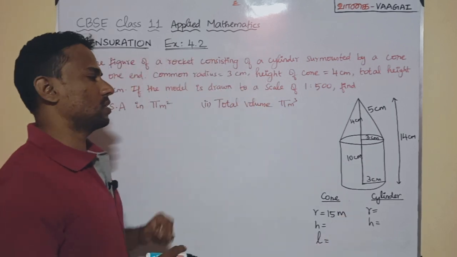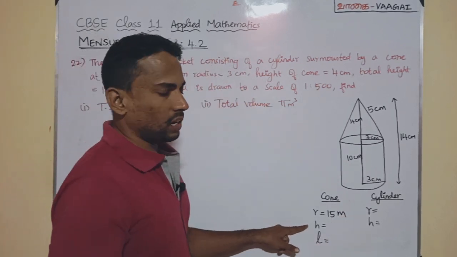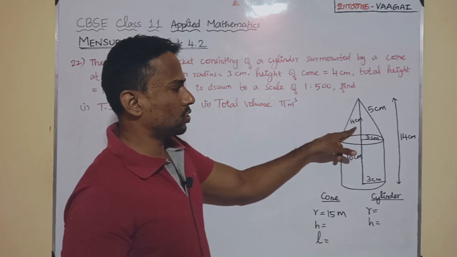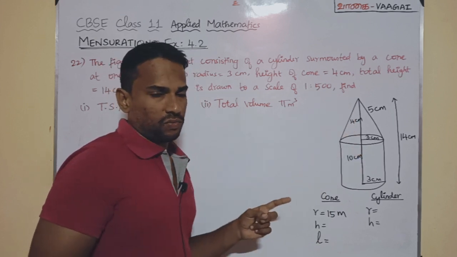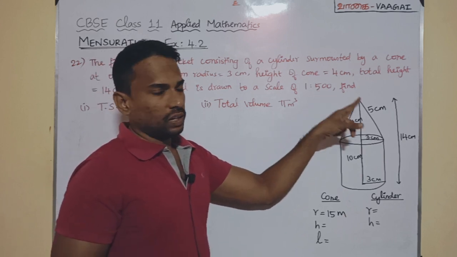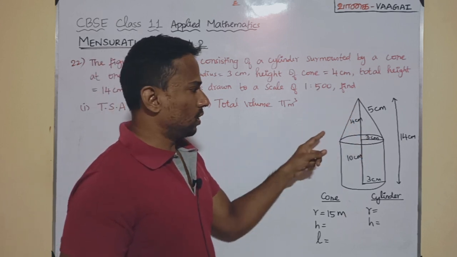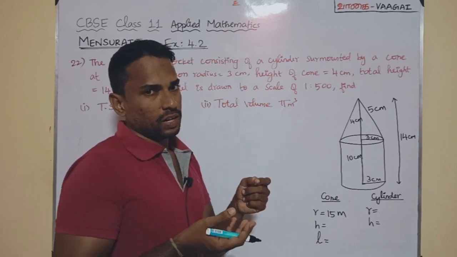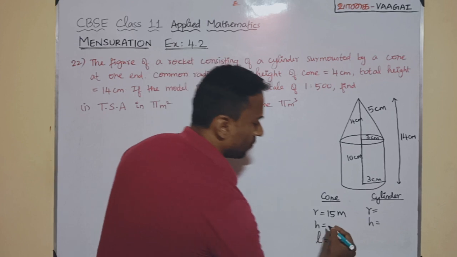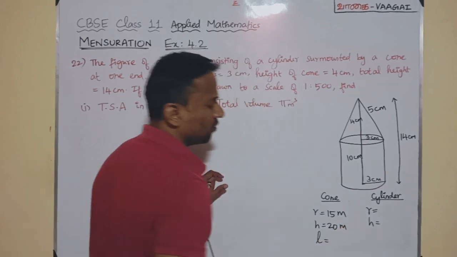And next is height. What about the height? The height of the cone portion is 4 centimeter. Just do 4 into 500, which will be 2000, and I can simply divide it by 100 to get 20 meter. So this way we can find out the actual values.